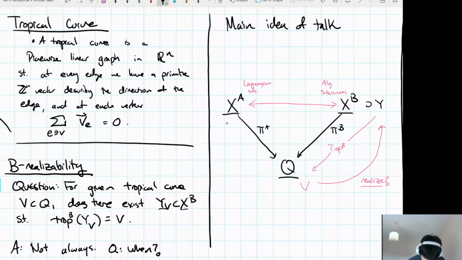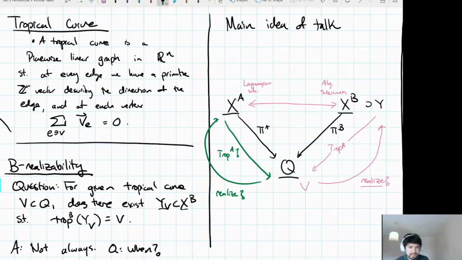Starting with a Lagrangian submanifold, is there a tropicalization map, trop A, and can I realize? Now, I think historically, this relationship between tropicalizations and realizations was the inspiration for deducing the existence of this top arrow over here. So there was some kind of dream proof where you start with any Lagrangian submanifold, you tropicalize it, and then you lift the realization, and then that gives you this top arrow.